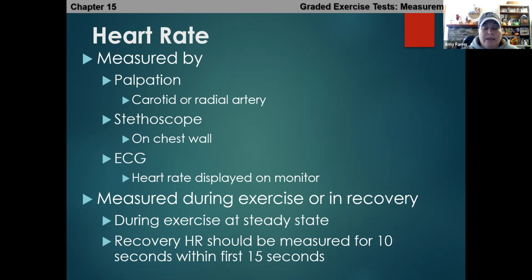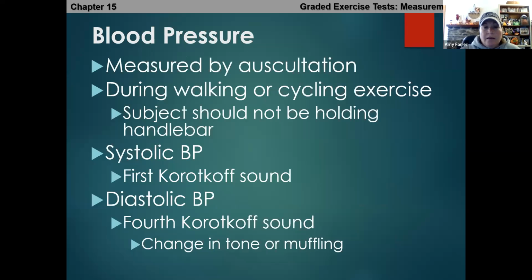We're going to look at it during exercise. We might look at it in recovery. If we're doing it based on a recovery heart rate, it should be for 10 seconds within the first 15 seconds of stopping exercise, because you'll see that heart rate fall back fairly quickly.